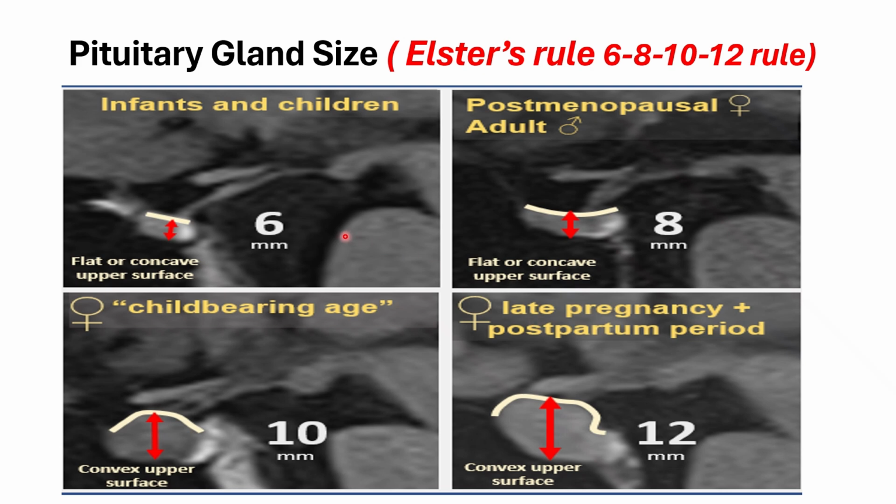The 6 mm and 8 mm glands have a concave or flat border, whereas the 10 mm and 12 mm glands have a convex superior border. This is called Elster's rule, or the 6, 8, 10, 12 rule. This is very important because the size depends on age and should not be confused with pathology.